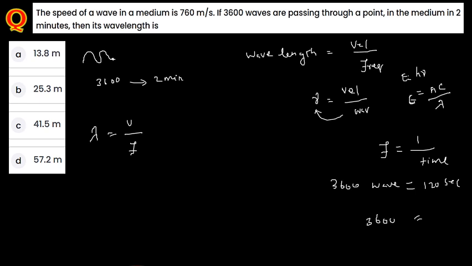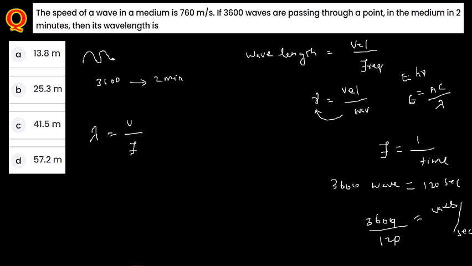So 3600 divided by 120 seconds gives the number of waves per second.